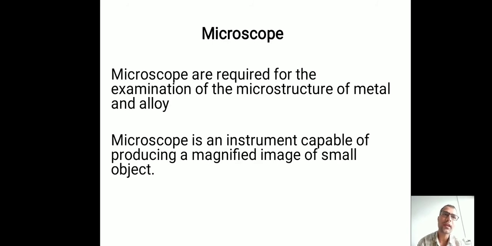Microscopes are required for the examination of the microstructure of metals and alloys. The purpose of the microscope is to check the microstructure. Correct, na? How does it work? Inside the microscope, magnifying lenses are there. When we place our prepared sample inside the microscope, the magnifying lenses zoom in on the internal structure and ultimately give the phases on the eyepiece. Correct, na?